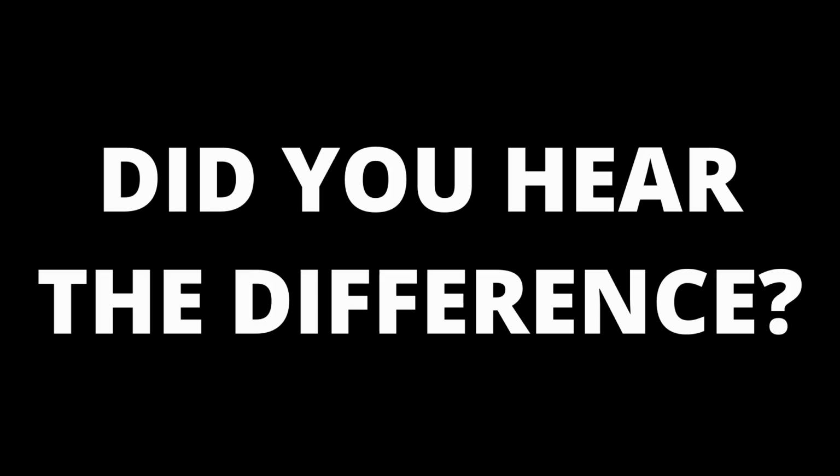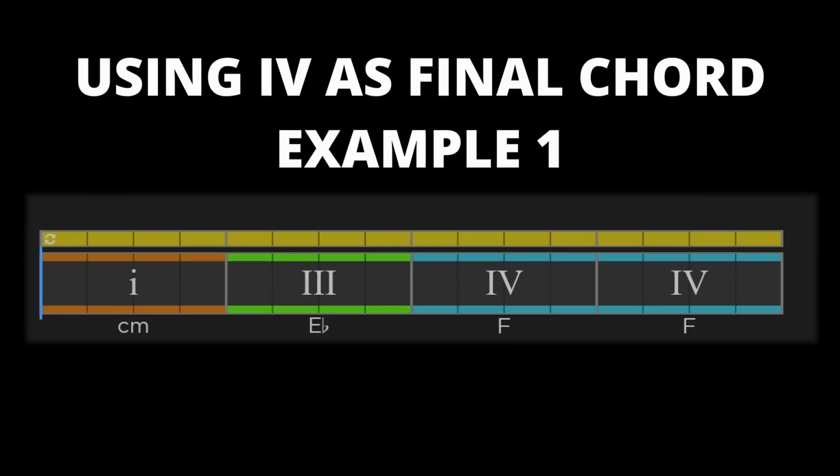Do you hear the difference that the major chord makes at the end of the progression? Here are a couple more popular Dorian progressions that work on this same principle.